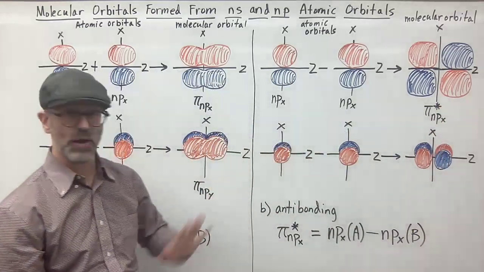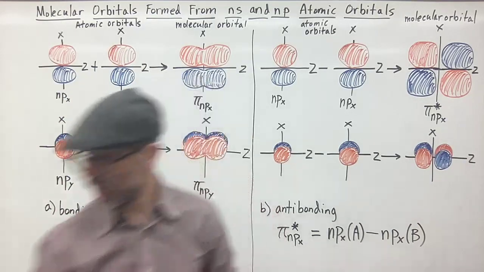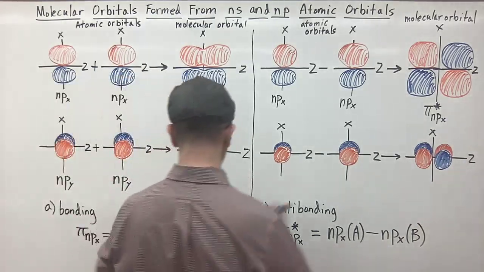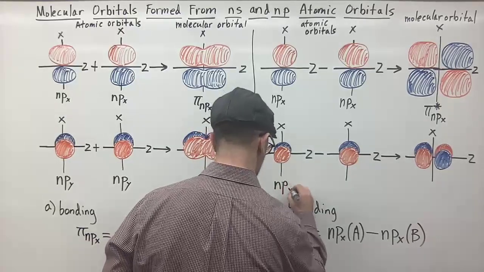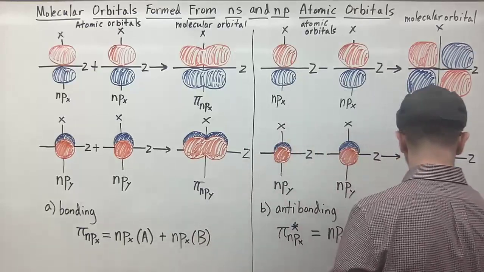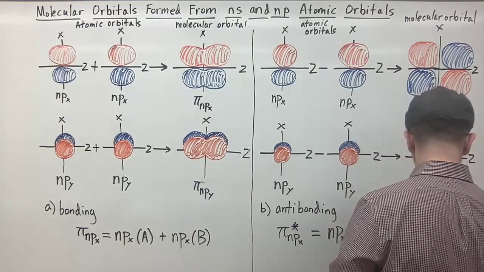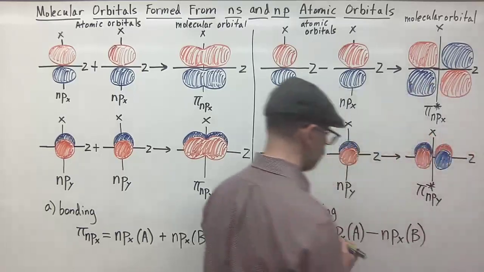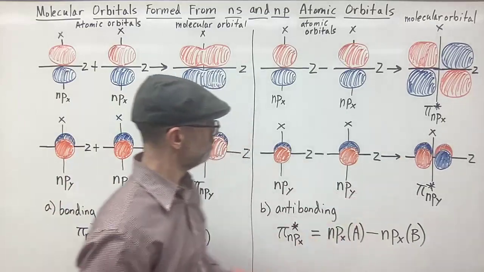Because you had that node, that's an anti-bonding orbital as well. I forgot to put that down, so this is npy, and this is pi star npy. There's the anti-bonding orbital.